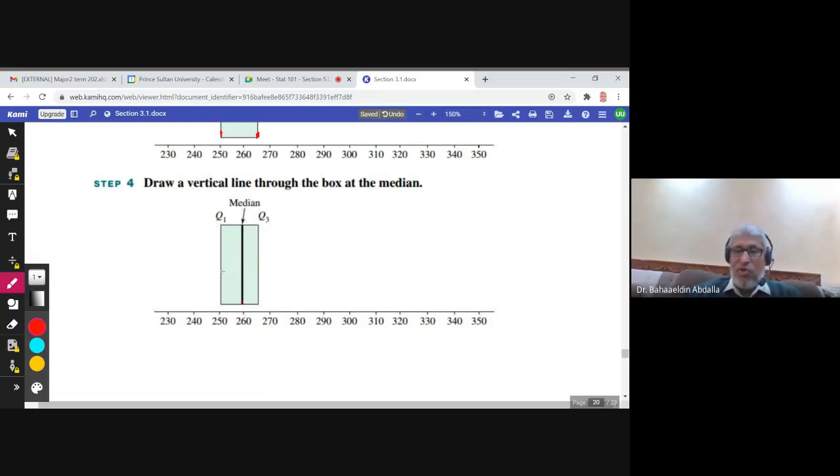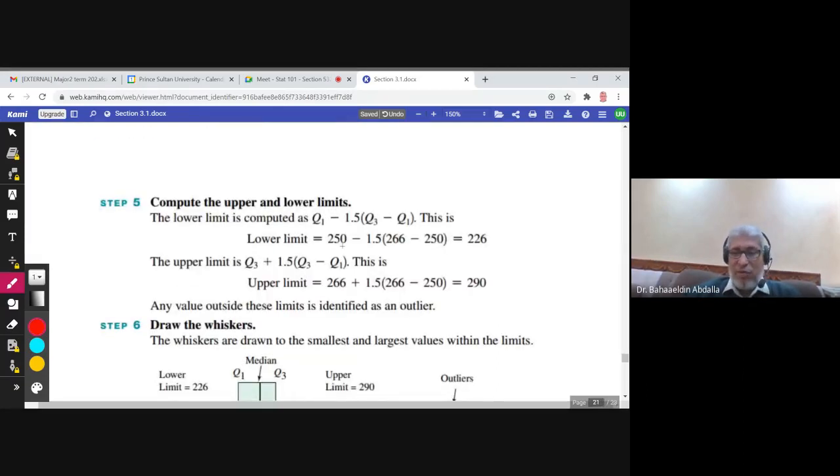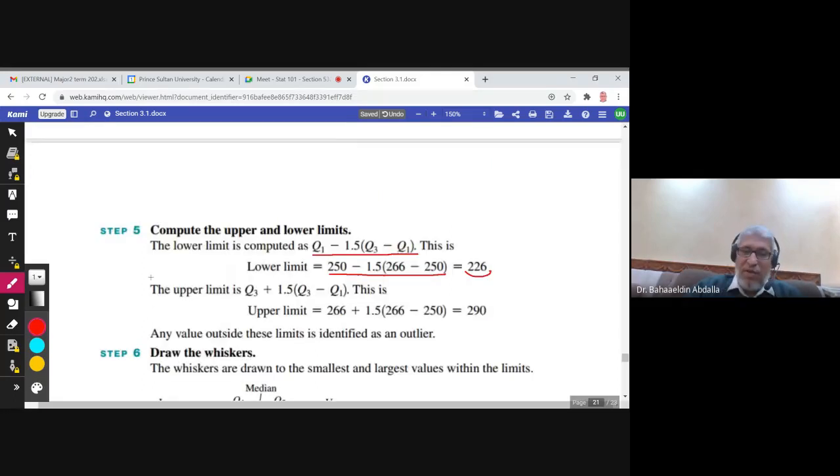And to draw the whiskers, you need first to find the lower limit and the upper limit. This is the formula for the lower limit: Q1 minus 1.5 times (Q3 minus Q1). So you use the formula. The lower limit is 226. That's why you need to start from 220, and you draw the lower limit.